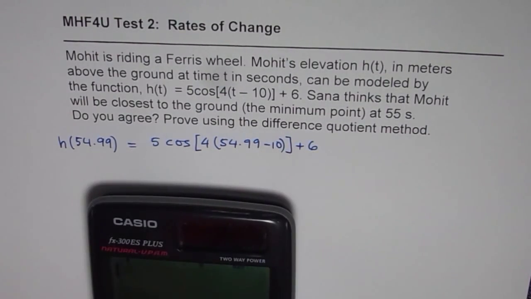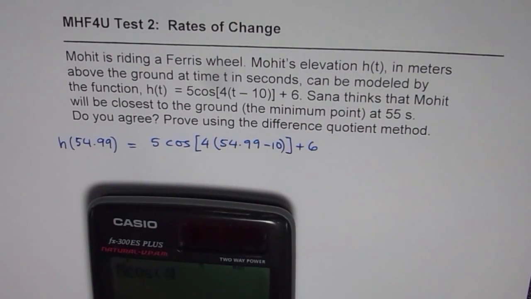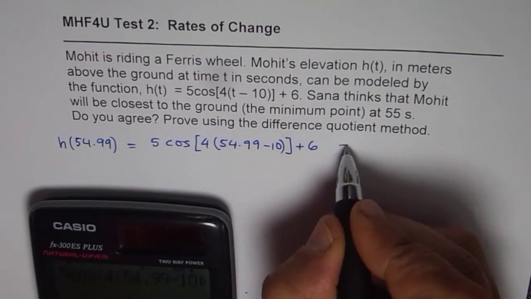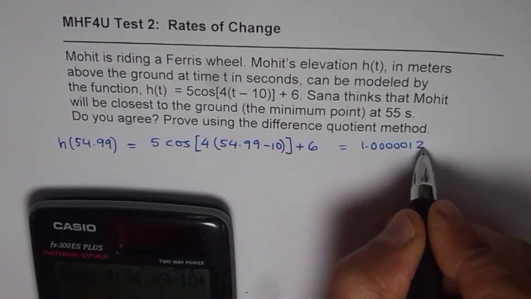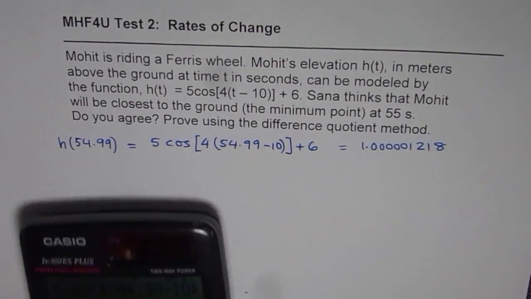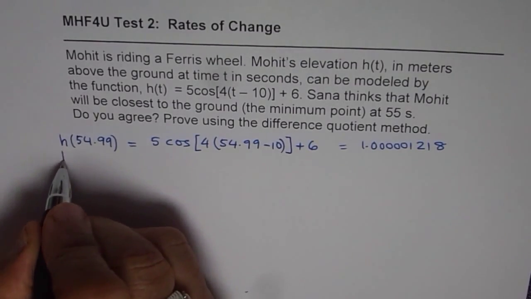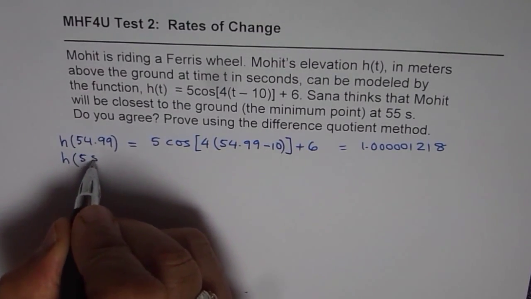So let's calculate. It comes to 5 cos of 4 times bracket open 54.99 minus 10, 2 brackets closed, plus 6 equals 1.0001218. Now let's find the value of h of 55 also.